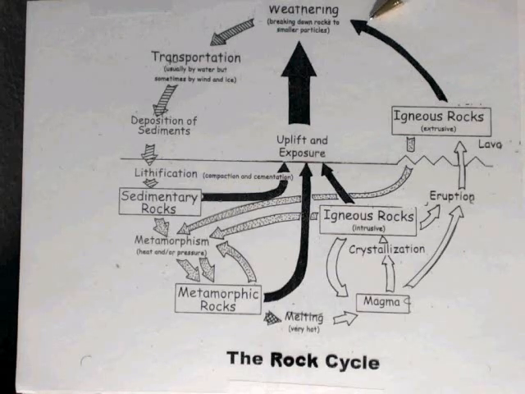So whichever case, you are getting the rock to be broken down to smaller particles, and that's known as the process of weathering. So you're getting small sediment sizes, perhaps they're large pieces as well, but it's the breaking down of the rock. So the weathering process occurs, and then they get transported.